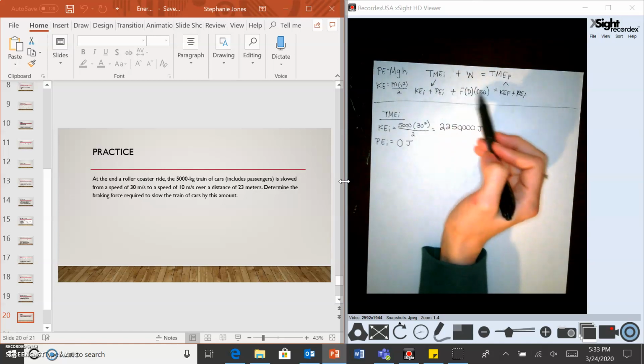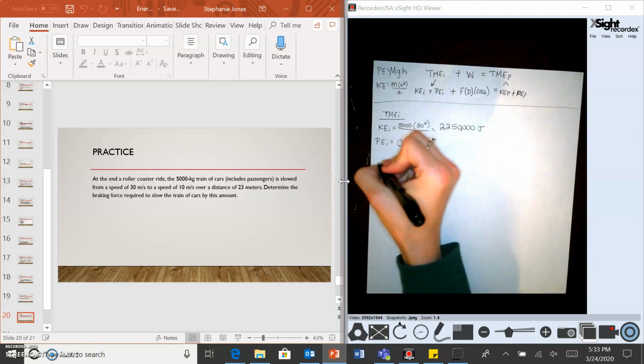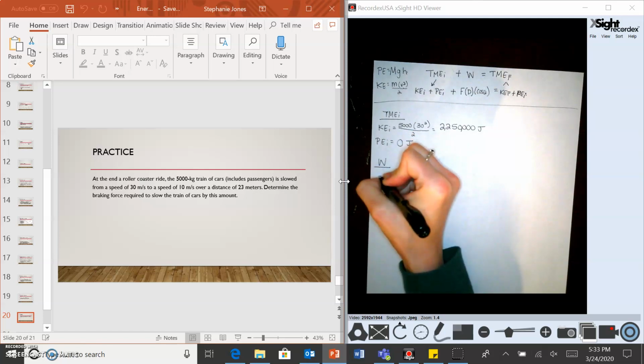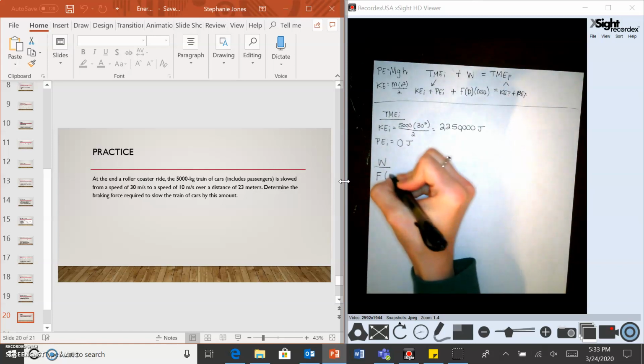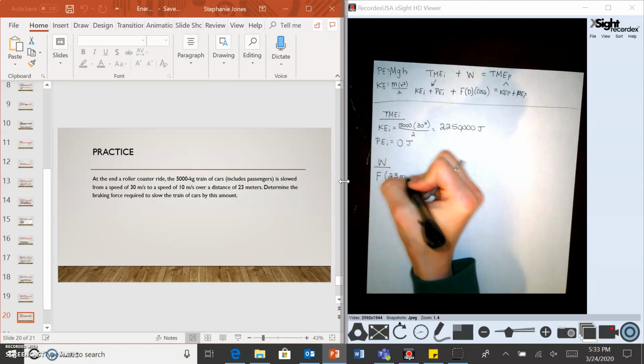Now we need to look at the work part. So our work part is, again, force times distance times cosine. So our force is what we want to find. We're determining the force that was needed to make this occur. So F is going to be left as F. And then it gives us a distance of 23 meters.